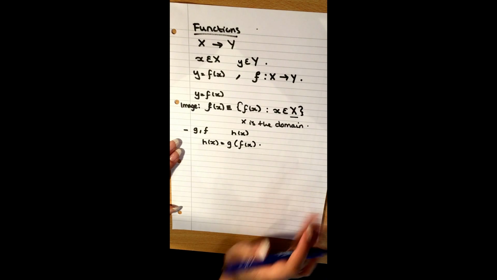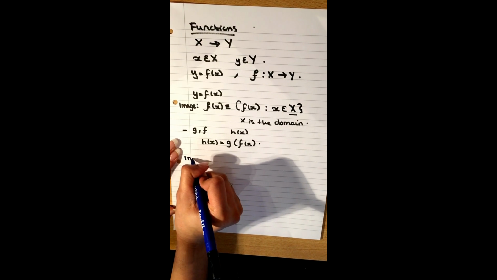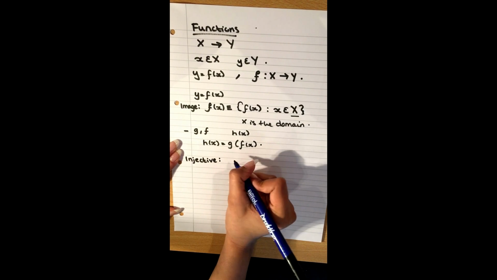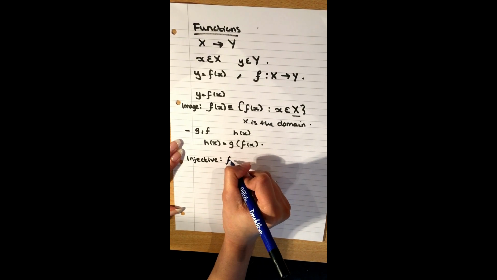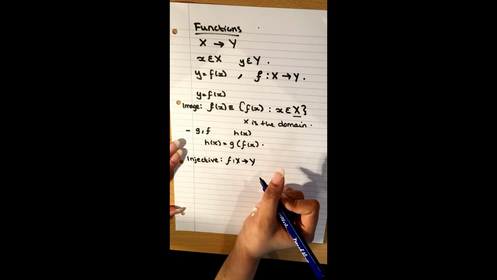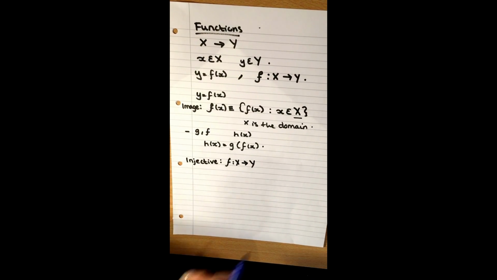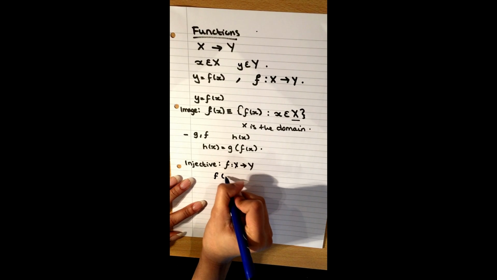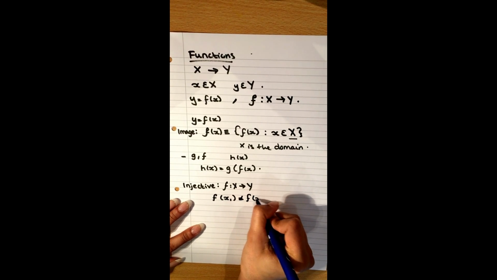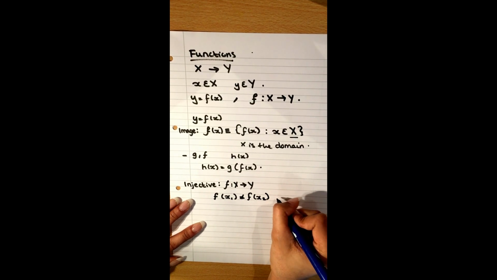So now a function is injective. So this is your function, f such that x is mapped to y, is injective, or we can call it one-to-one, if f of x1 is not f of x2 for all.